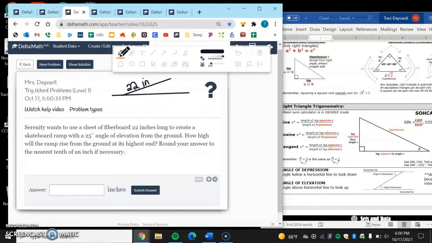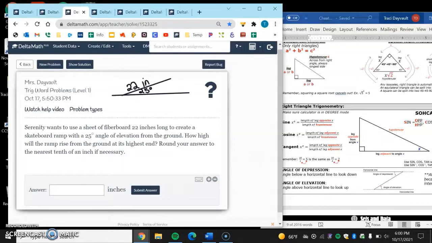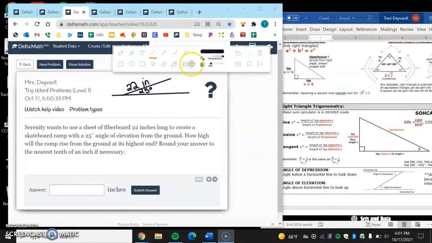So again, angle of elevation is usually going to be what angle something makes with the ground. So when we're working with these, we're usually going to have a right triangle. So this is going to be the right triangle here, and it says, how high will the ramp rise from the ground at the farthest end?